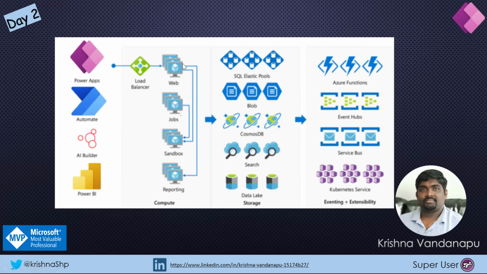These web front-end servers sit in various regions in Office 365 as part of Microsoft servers. Okay, that will be redirected to a particular web server and then the respective job will be executed.